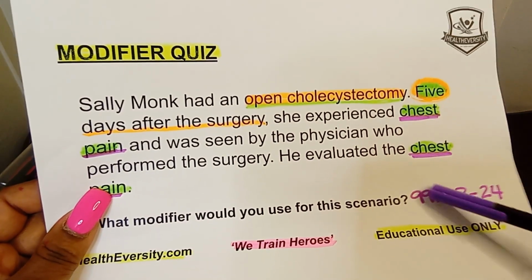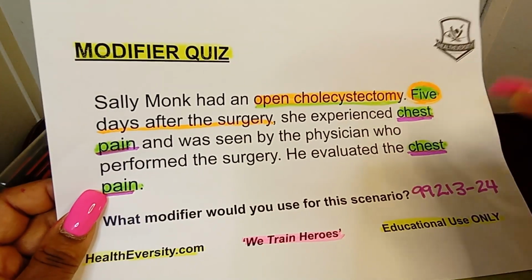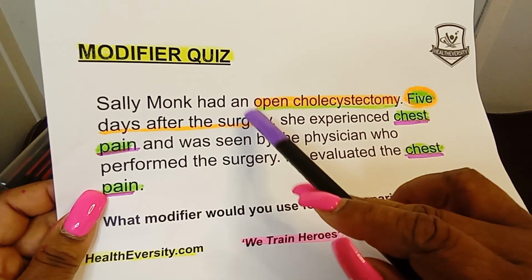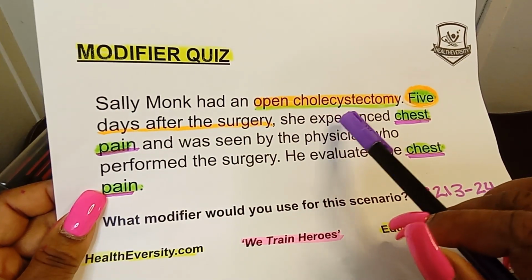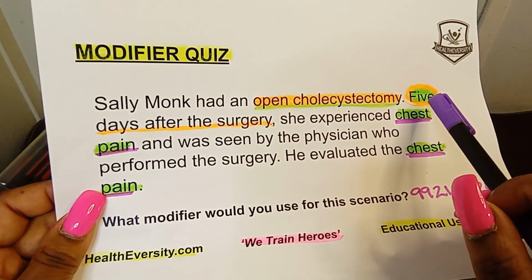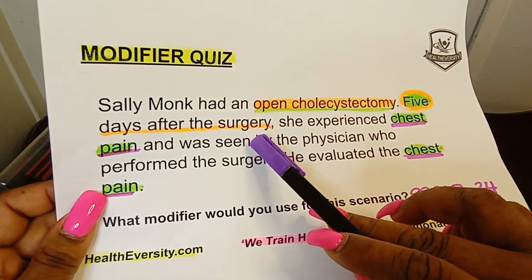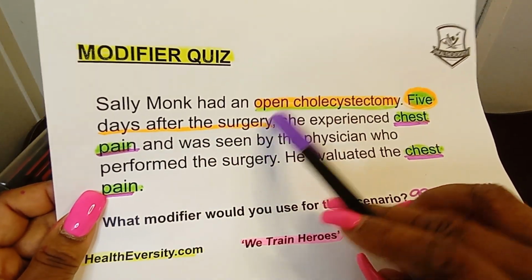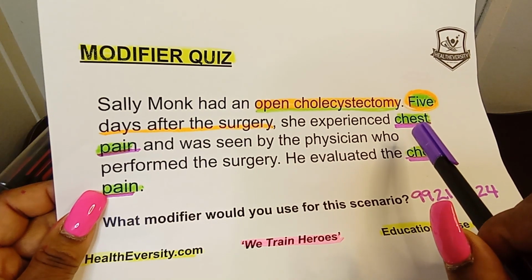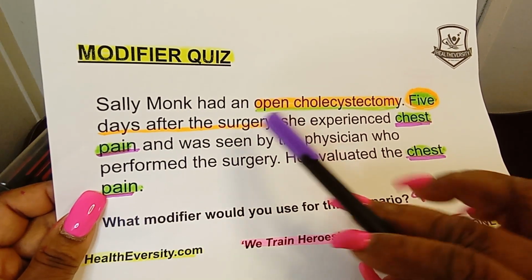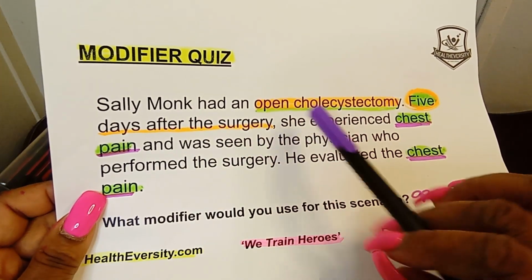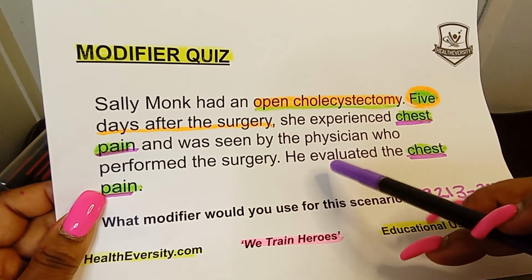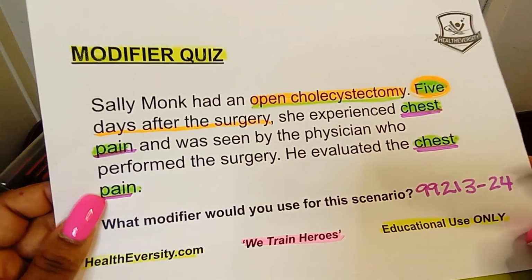I have the answer down here. Let's read it. Sally Monk had an open cholecystectomy. Five days after the surgery, she experienced chest pain and was seen by the physician who performed the surgery. He evaluated the chest pain.